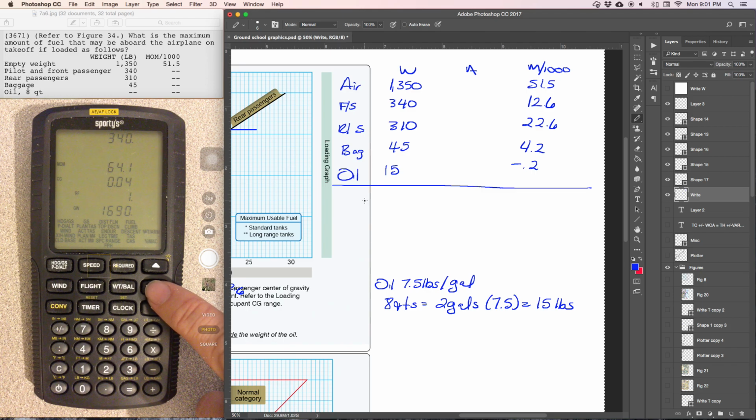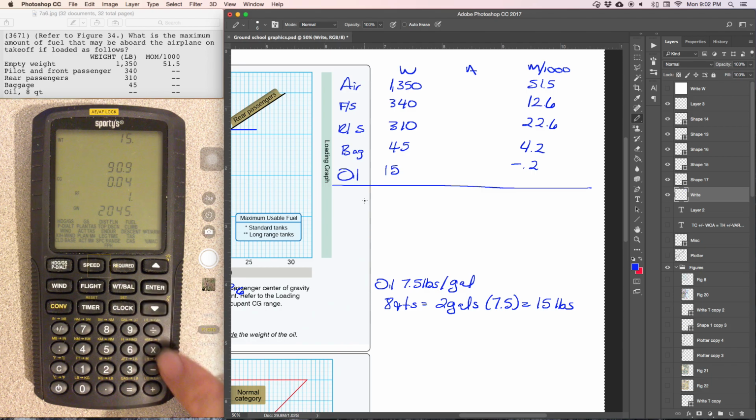Next one is weight 310. Moment is 22.6. Next one, 45 for the baggage, and that's about 4.2 moment. And then next one for the oil, weight 15.